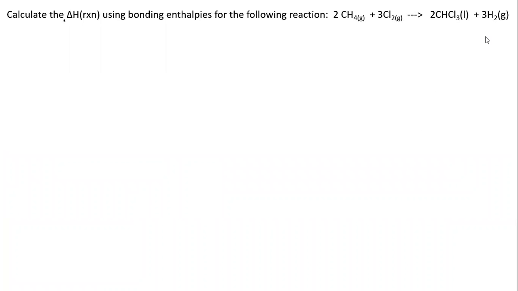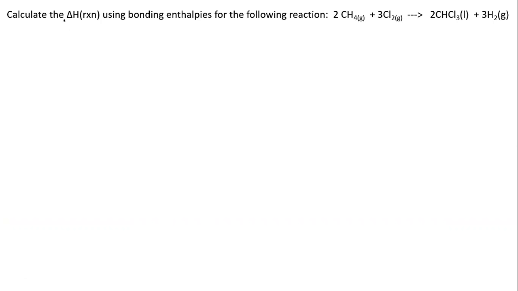Now moving to a calculation here, we want to calculate delta H of reaction using the bond enthalpies for the chlorination of methane to form chloroform and hydrogen gas. And so sometimes it's hard to visualize the types of bonds present by looking at the reactants and products.